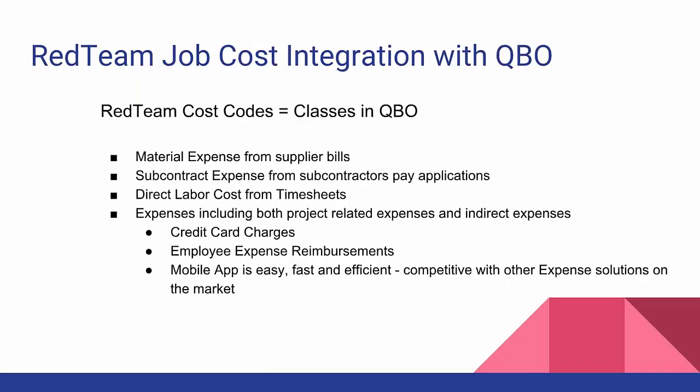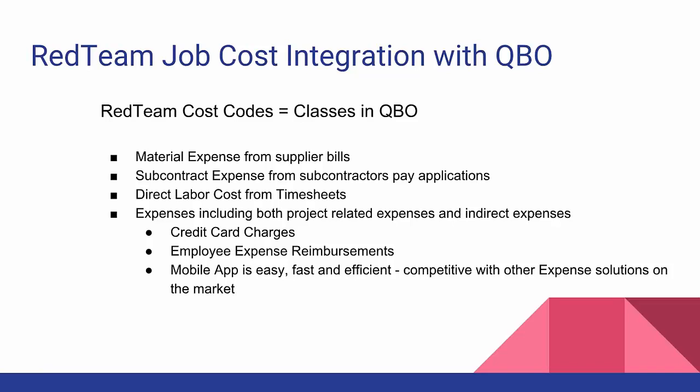So since we build this workshop as job costs, let's talk about RedTeam's job cost integration with QuickBooks Online. RedTeam takes your cost codes, and you can generate beautiful job cost reports in RedTeam, but it also creates classes over in QuickBooks that match. It maps their cost codes in RedTeam to classes in QuickBooks Online.